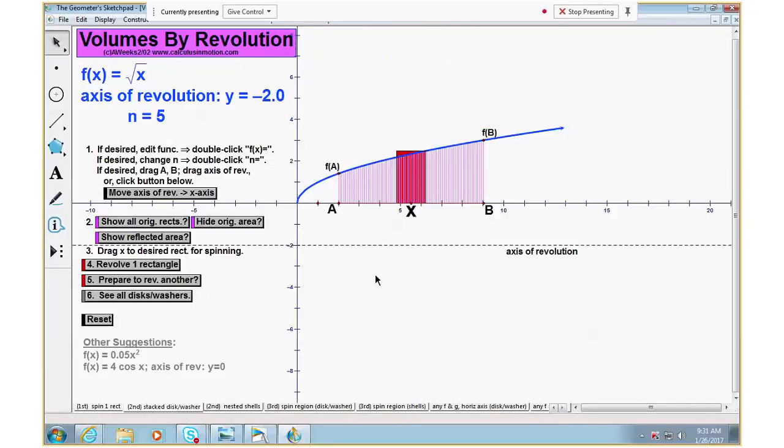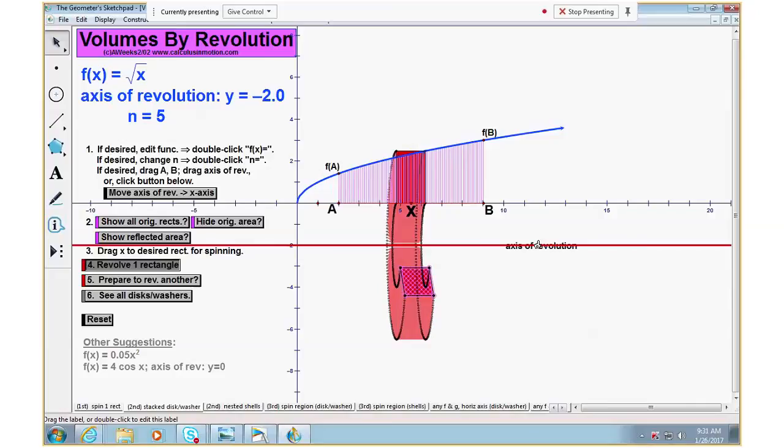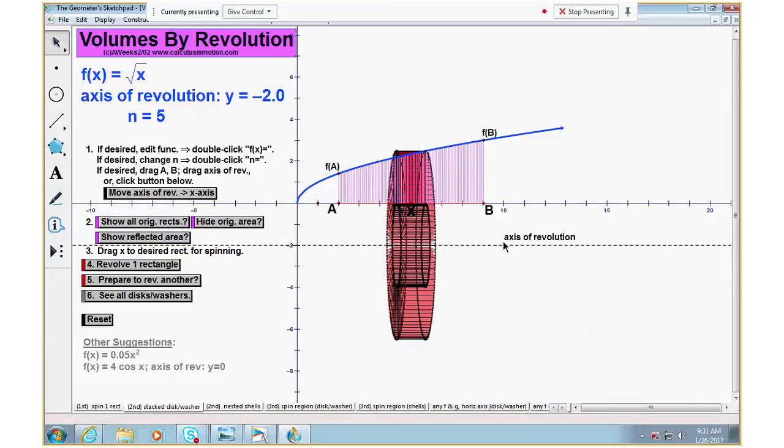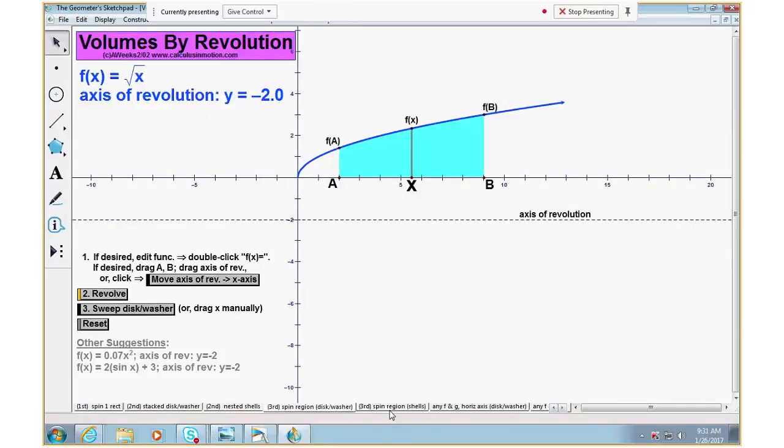This could be one right here. Let's see, revolve. Okay, no, I want to put the axis. See, it won't let me move anything. It's a conspiracy. Spin region. Right.